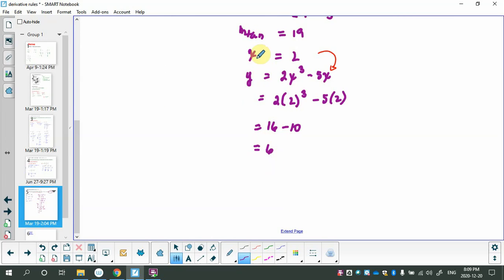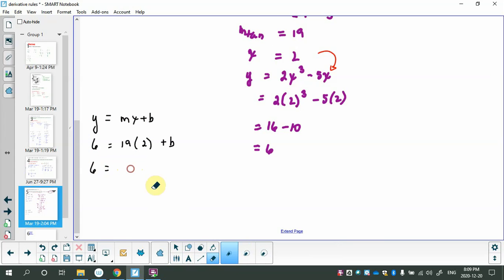So now I have my m, my x, my y, just like in limits, but way less time to do it. So y equals mx plus b. Y is 6. M is 19. X is the 2. And b is unknown. So 6 times 19 is 38.